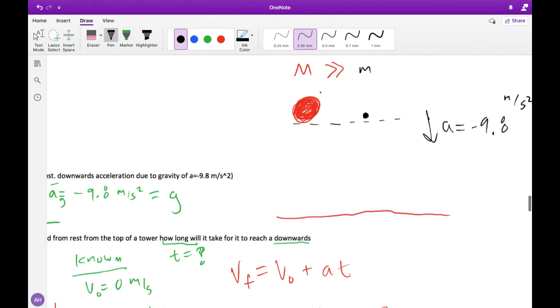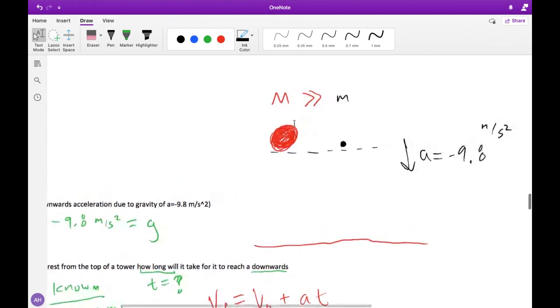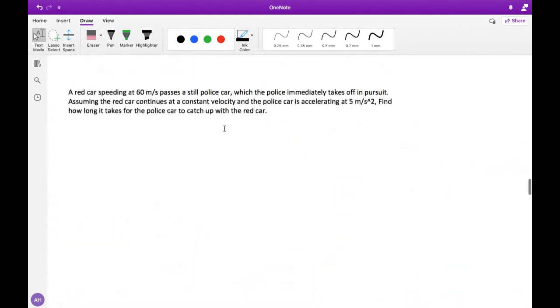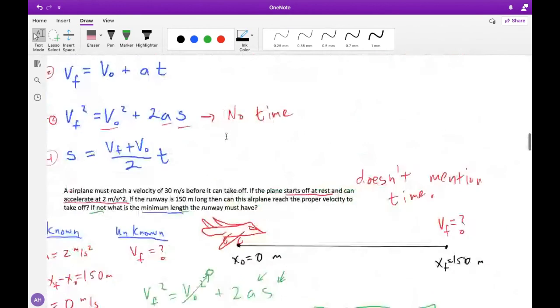But as they found out when Galileo was studying this, for two solid objects, they have to be for the most part solid, if they're dropped at the same height, they'll both hit the ground at the same time. That's because it has nothing to do with their mass, which makes sense if we look at our equations of motion.